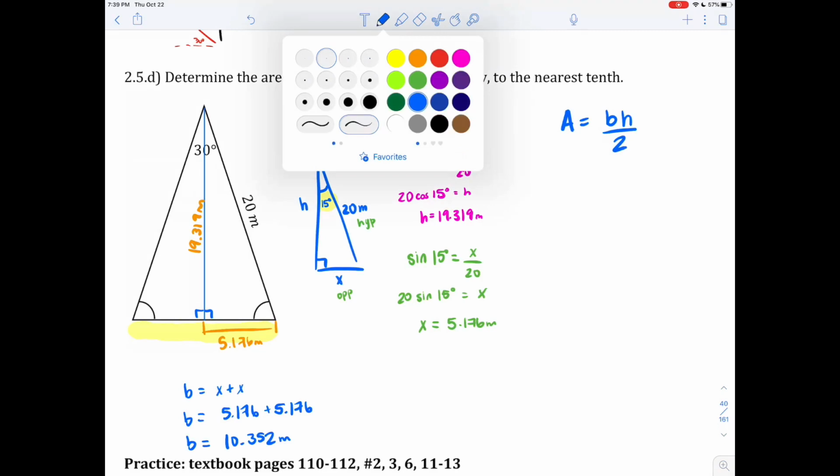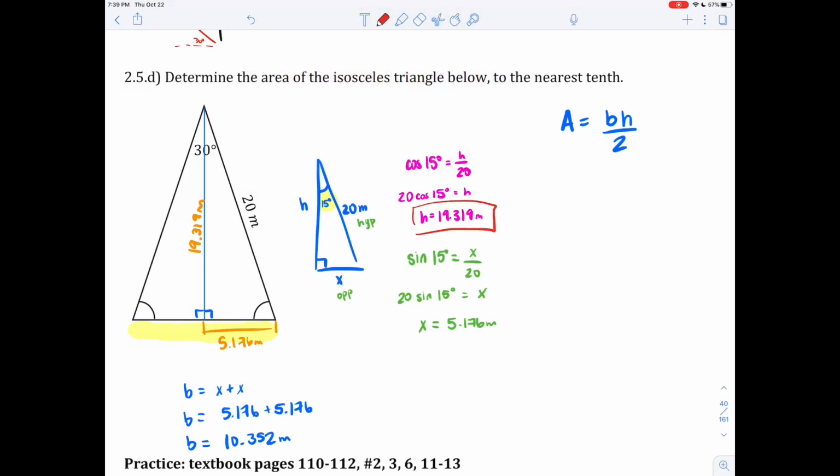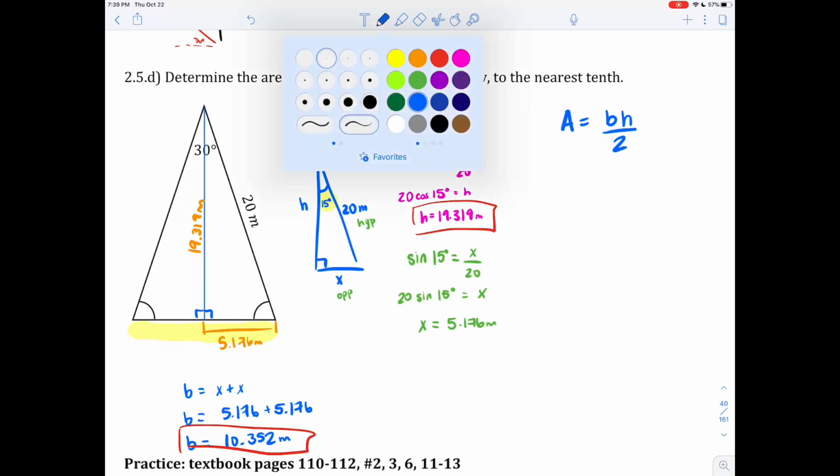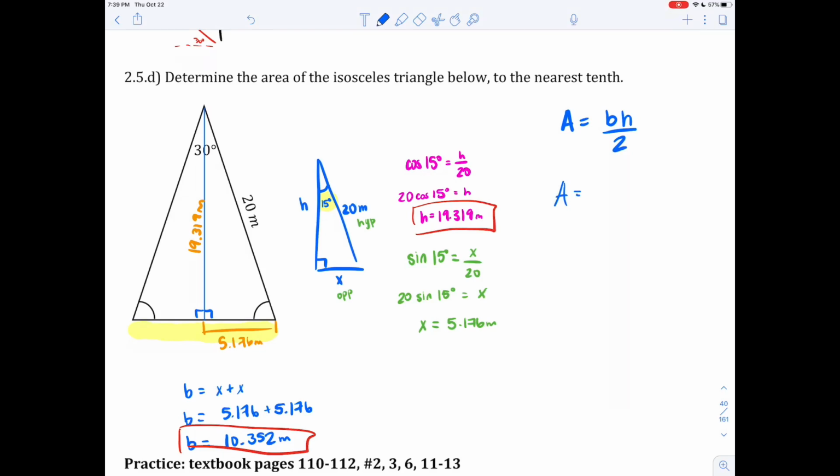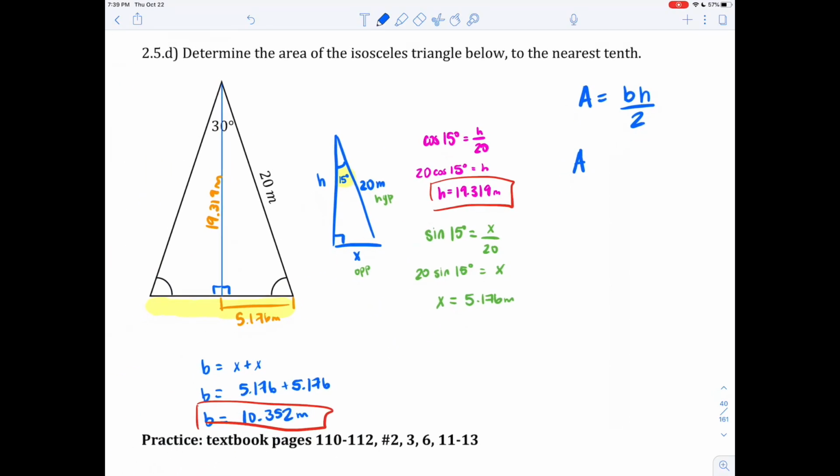Now, I am super stoked because I have all of those measurements required to solve for my area. I can go ahead and plug in. I know my b would be 10.352.